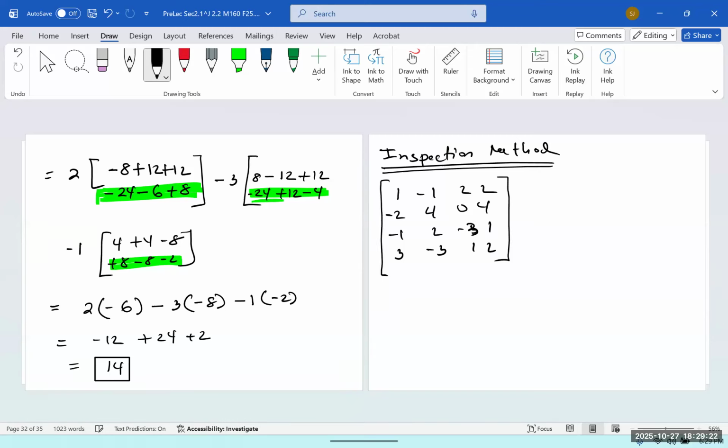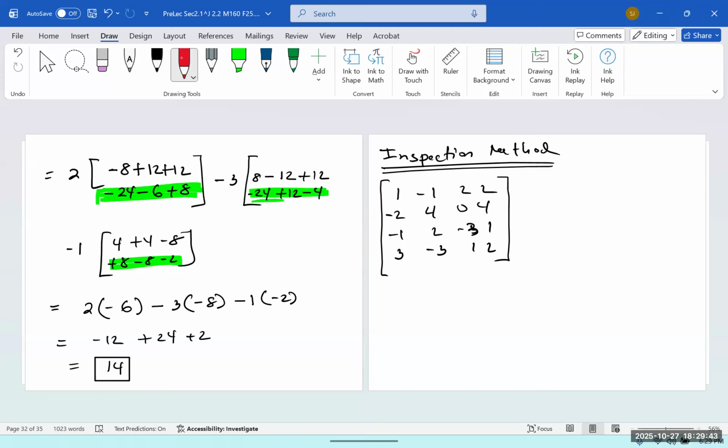Okay, so this is the original one. And what did you do, Gregory, for inspection method? Anybody did inspection but got 14? No?